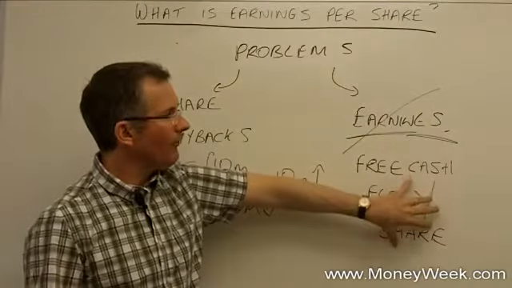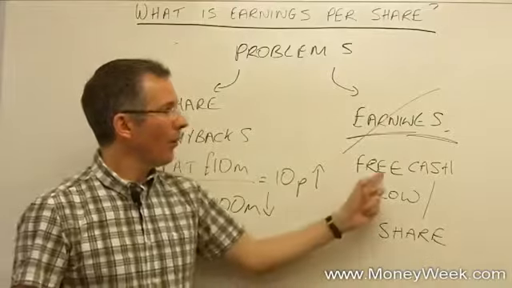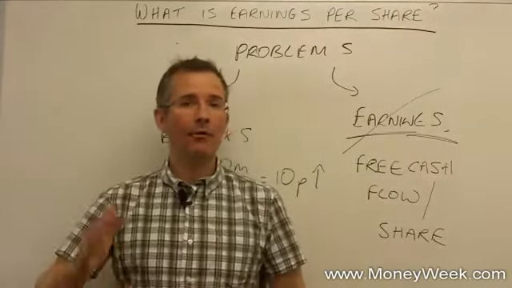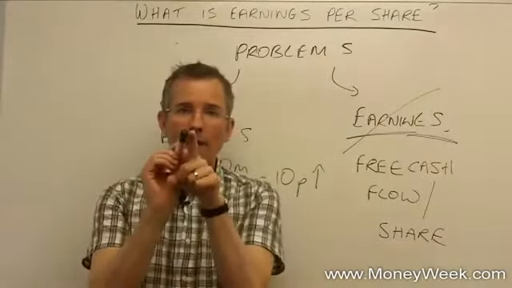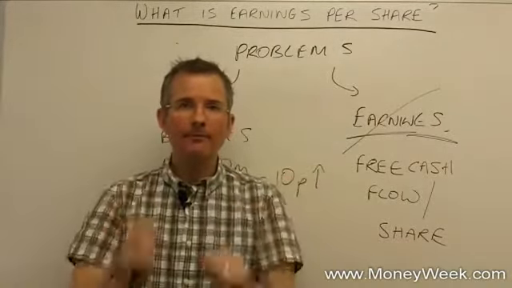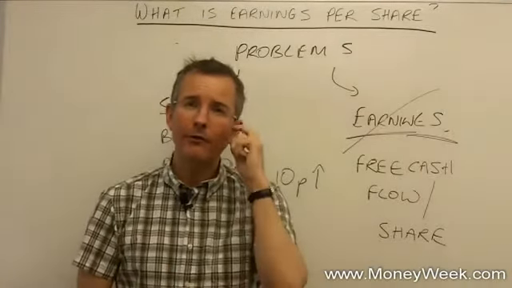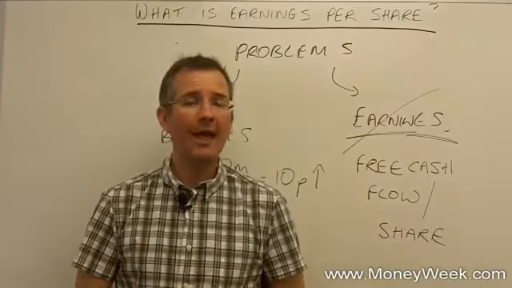That's not something companies publish as a matter of course, and to bolt it together, what you'd need to do is go to the cash flow statement. That's the one that appears after the profit and loss account and balance sheet. You would normally take the operating cash flow, that's the cash being generated by the heart of the business, if you like, and that's normally after things like interest charges on debt.